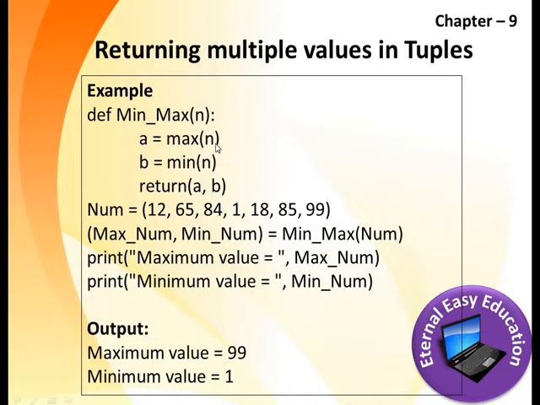This max of n is a predefined function, so it will find the maximum number among the tuple. So it is 99. Next the minimum value is 1 and it is returning a and b. The first is given to the first variable max of num, and the next is given to min of num.